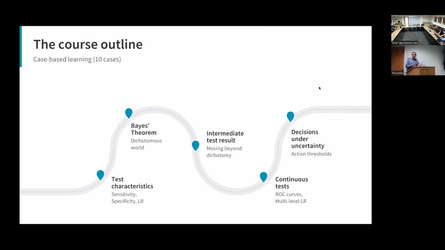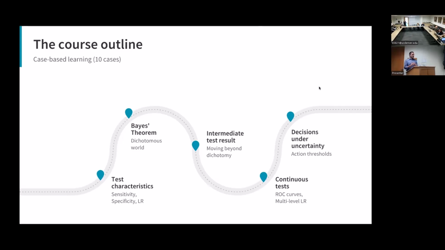And they learn to move away from sensitivity and specificity, because those concepts break down once there are more than two possible results. And that naturally leads to the concept of multi-level likelihood ratios and interpretation of continuous tests. So they learn interpretation of receiver operating characteristic curves and really understanding the shades of gray in diagnostic medicine.